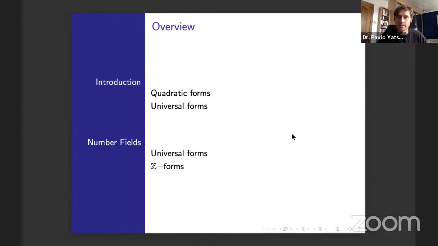I just care about representing it at least once. The bigger difference is that the quadratic forms I will be considering, at least at the end of the talk, will be quadratic forms over number fields. Nevertheless, it's going to be a friendly talk, and I'll try to describe everything, so hopefully it's easygoing for all of us.